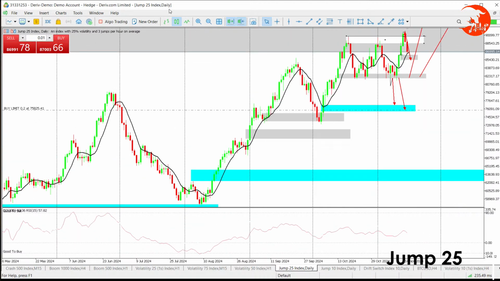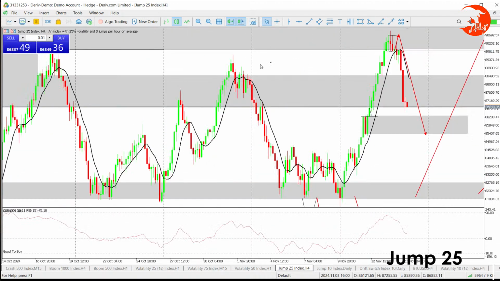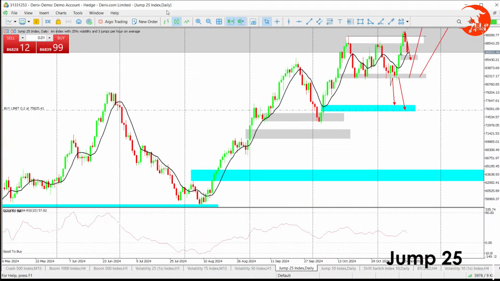Can I delete these things? Can't delete it. I can't delete it because that is a weekly order block, so I can just leave it alone and come to H4, which is even a resistance level.